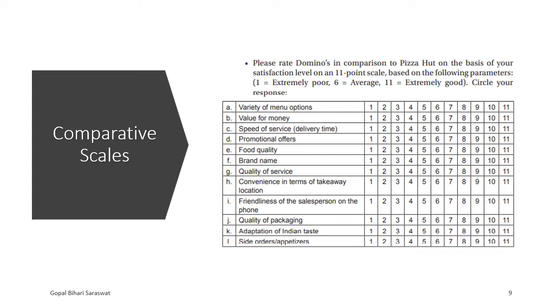Otherwise, I will tick 1. If I am average or moderately satisfied, I will tick 6. Similarly, for value for money, speed of service, promotion offers, food quality, and so on, I will tick against each individual question like this. Each response indicates the level of attitude that person has regarding a particular object or a given situation. This is a comparative scale.